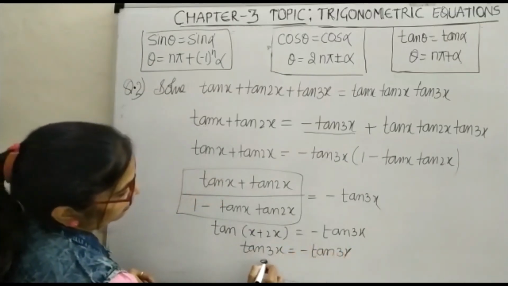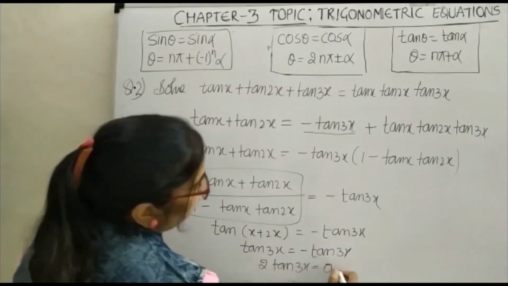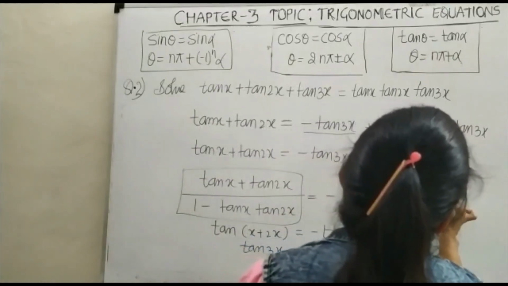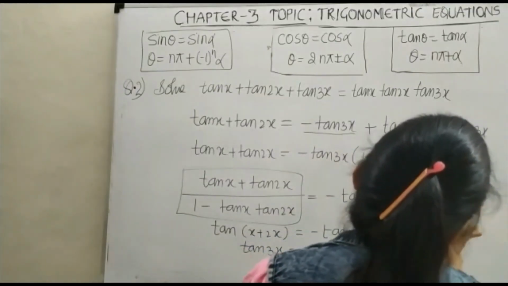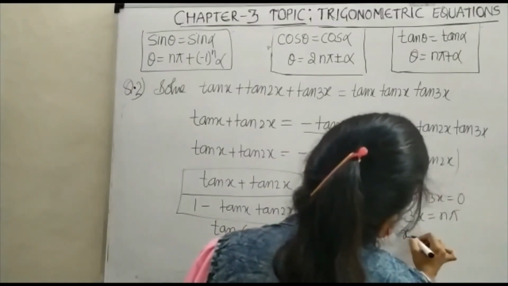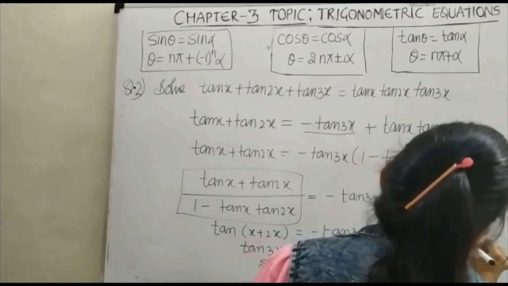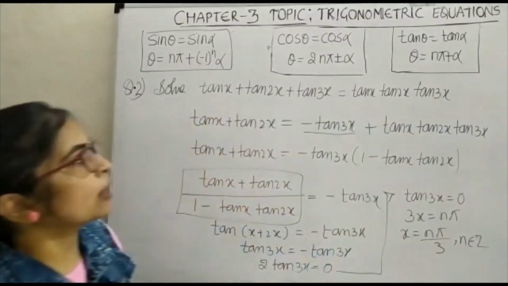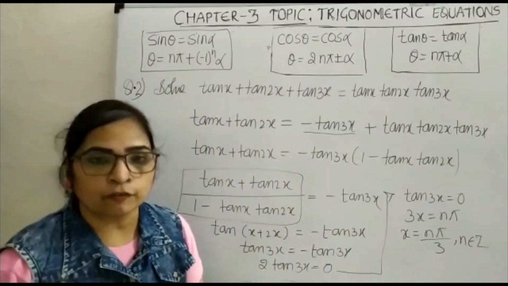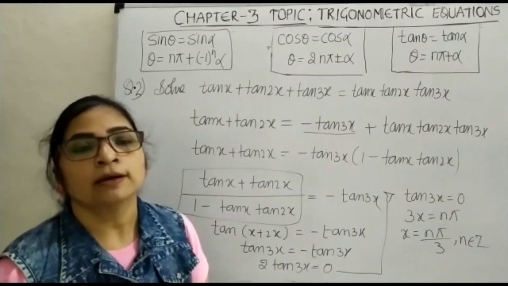Take it this side. 2 tan 3x is equal to 0. यहाँ से ये आपका हो जाएगा tan 3x is equal to 0. 3x is equal to nπ and your x is equal to nπ upon 3 where n belongs to Z. So this is how we have seen how the trigonometric equations are formed and worked out with the help of the given formula. Thank you.